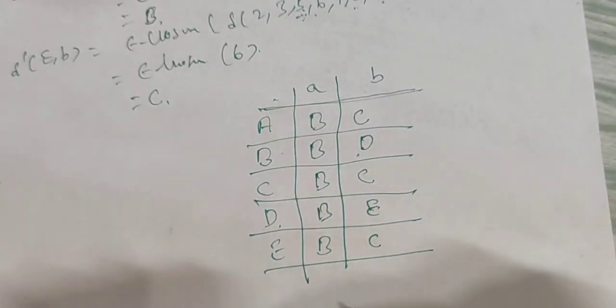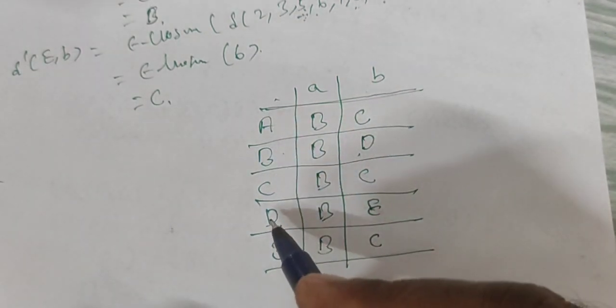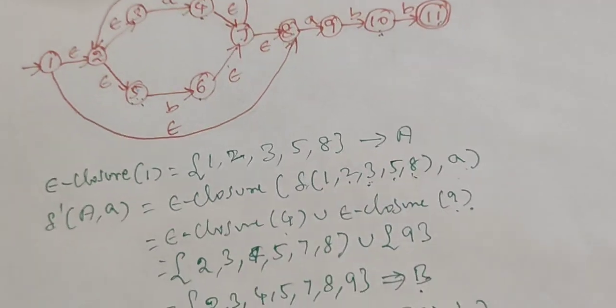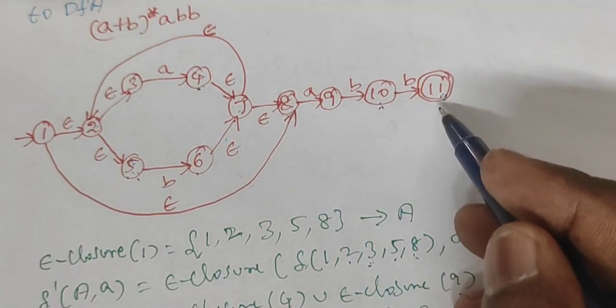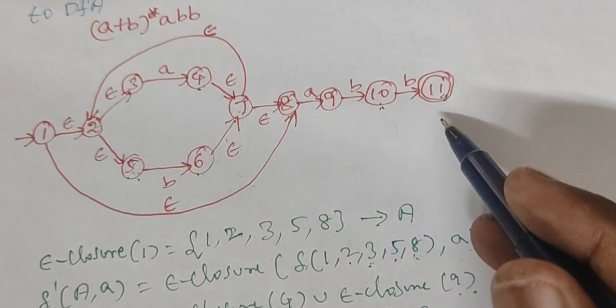Now when you closely observe this, which is the final state? We have 5 different states: A, B, C, D and E. In the original diagram, you can see that 11 is the final state. The state which consists of 11 will be the final state.